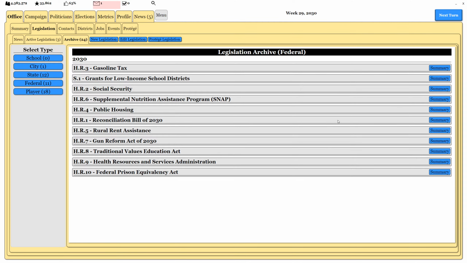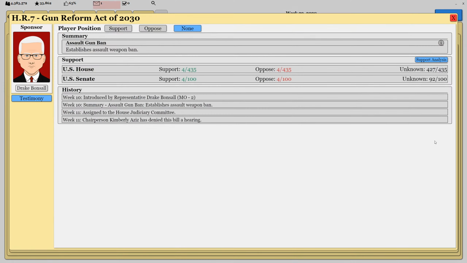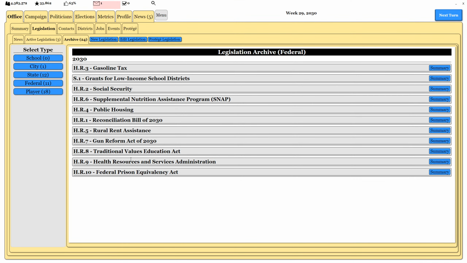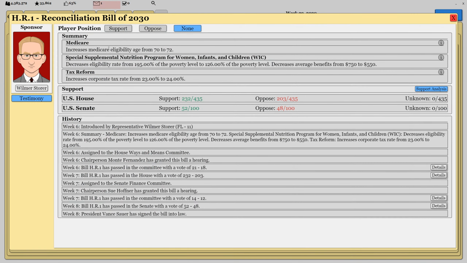Reconciliation Bill of 2030, Gun Reform Act of 2030. Increases Medicare eligibility age from 70 to 72.